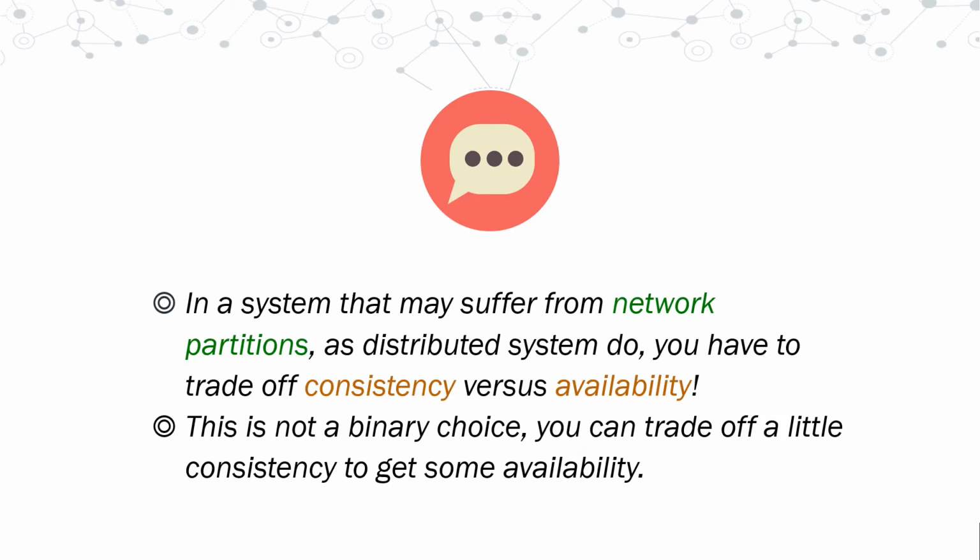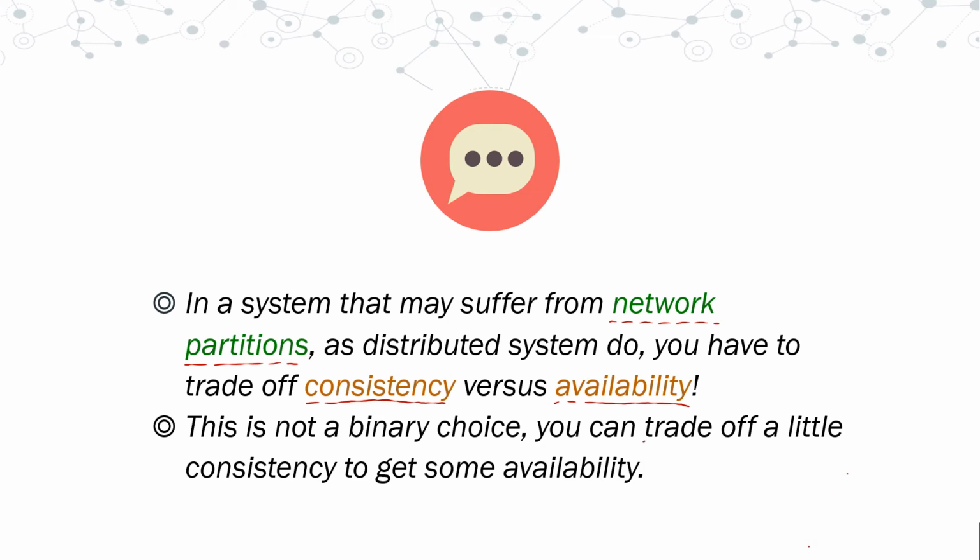So in summary, from the CAP theorem, we are saying that in a system, we may sometimes suffer from network partitions, and we need to trade off between consistency and availability. However, this is not a 0 and 1. This is not a yes or no answer.